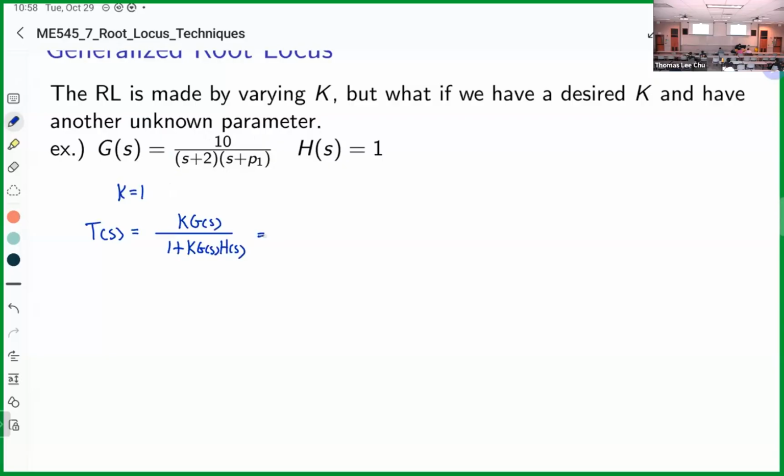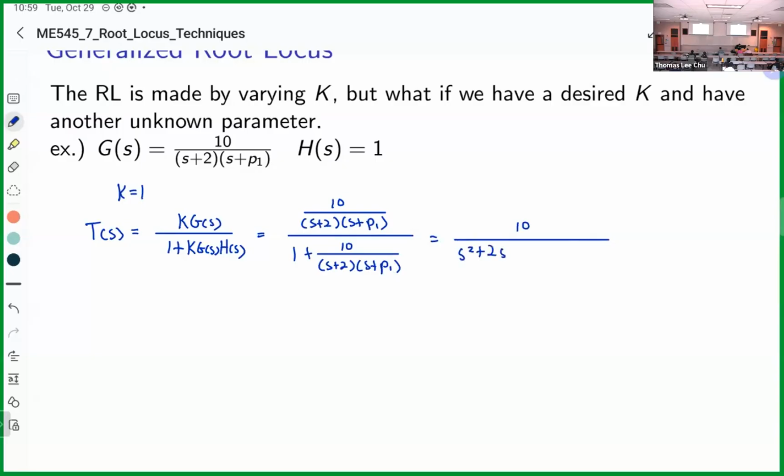And then we get 10 over s plus 2, s plus p1 divided by 1 plus 10 over s plus 2 times s plus p1. And then for our overall closed loop transfer function, we get 10 over s squared plus 2s plus 10 plus p1 times s plus 2.